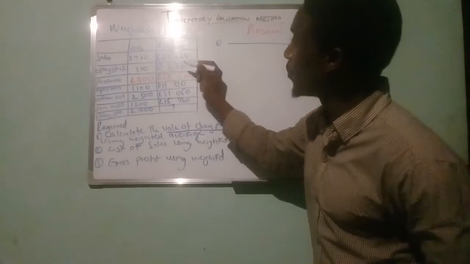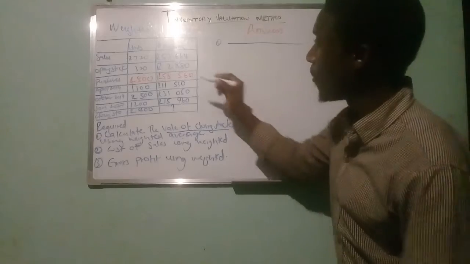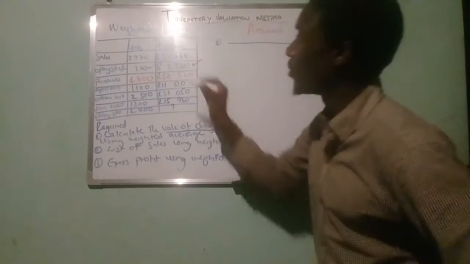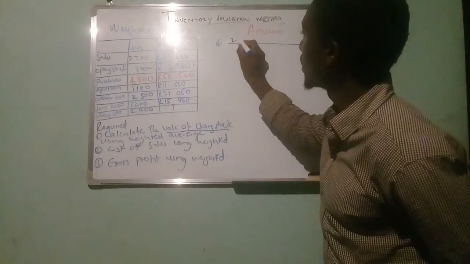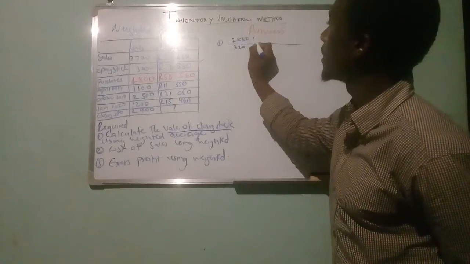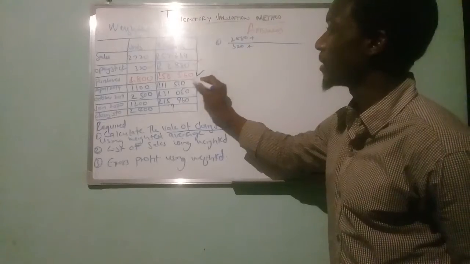Do we have our opening? Yes, we do have our opening stock. Our opening stock amount is 2,880 and the units are 320. So we say 2,880 divided by 320, plus purchases.